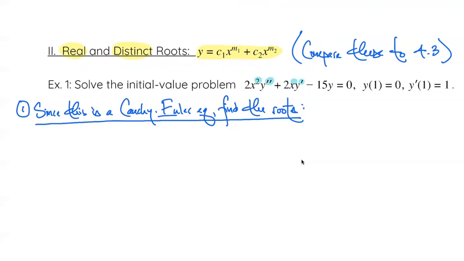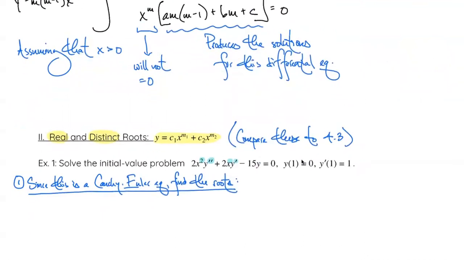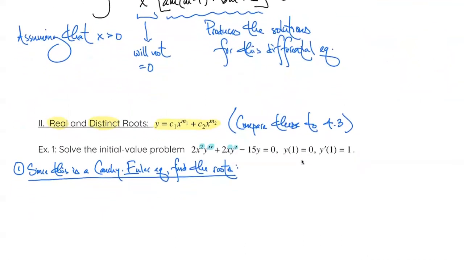And so finding the roots, all we're going to do is use the A, B, and C from our equation. We're going to plug them into the equation that produces the solutions for the differential equation, and we're going to find values for m. So let's copy that down.